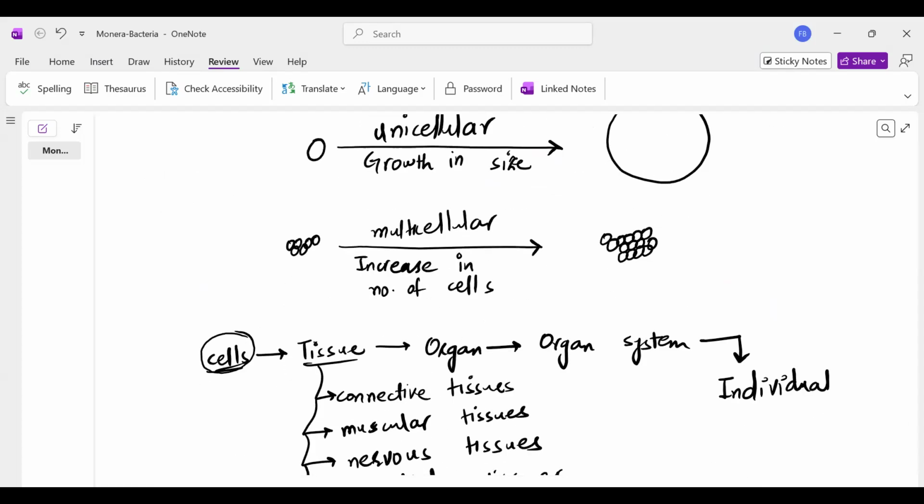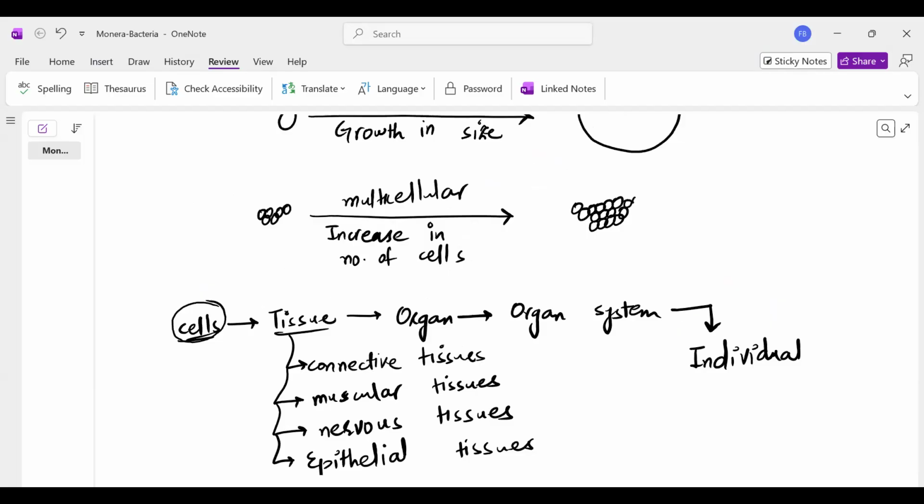Okay. Now, there will be complication when the number of cells increases, the complication will increase, and there will be a change in the shape as well as an increase in size. You know how there will be an increase in size? Obviously, when the cells are increasing, size will increase automatically.